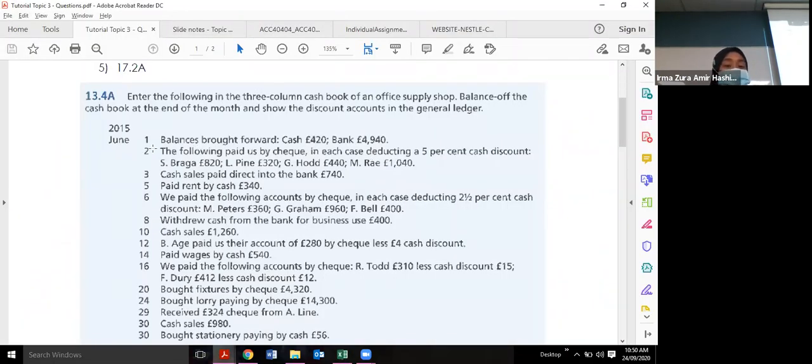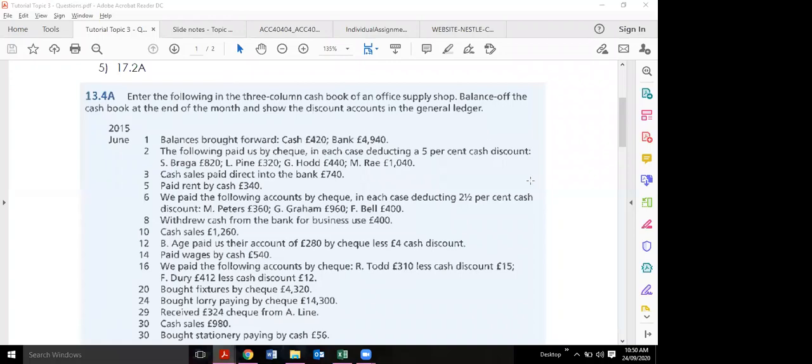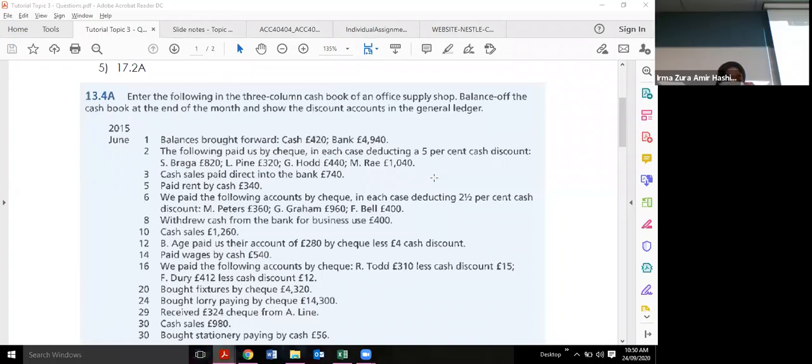Okay, and then June 2nd, the following paid us by check. Okay, so they paid us by check. Okay, and then in each case, deducting a 5% cash discount as Braga 820 and Alpine Shipping also.